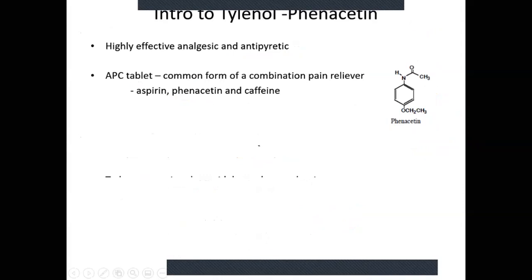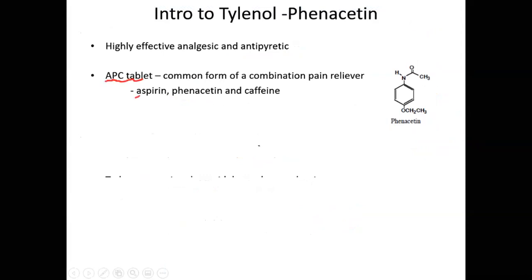It was commonly found in what's called an APC tablet, which had aspirin, phenacetin, and caffeine. You could find these in little blue pouches at the checkout aisle at the grocery store.